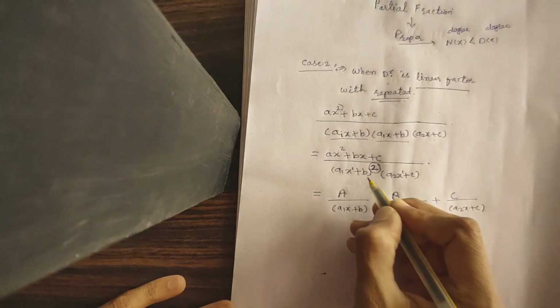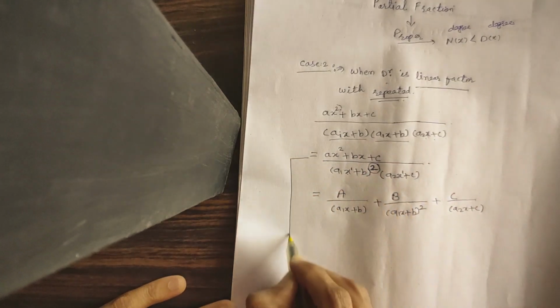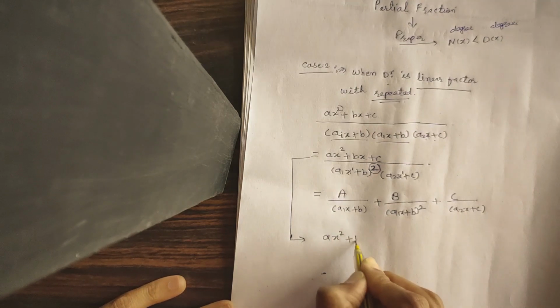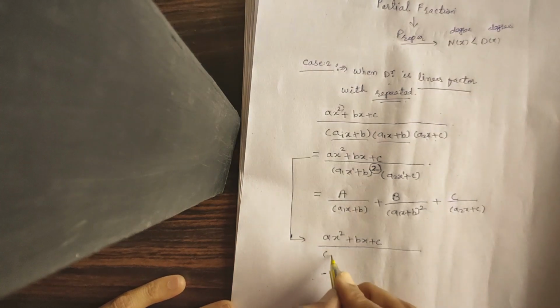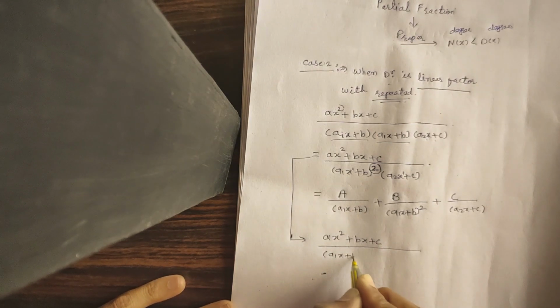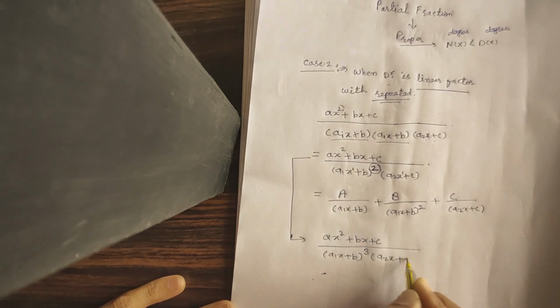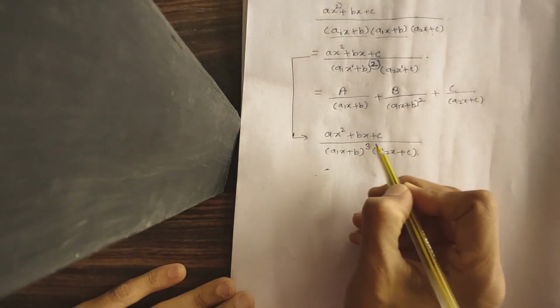Alright. Now suppose we have more power here. Suppose the same equation (ax^2 + bx + c) upon (a1x + b) to the power 3 into (a2x + c). In this case, what's happening?